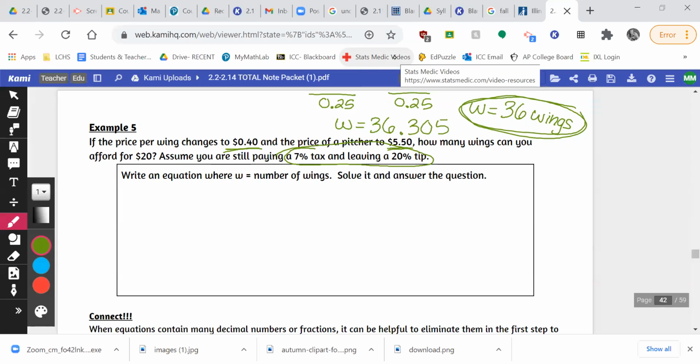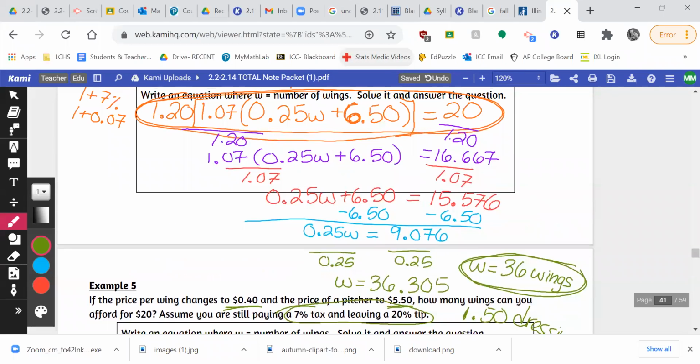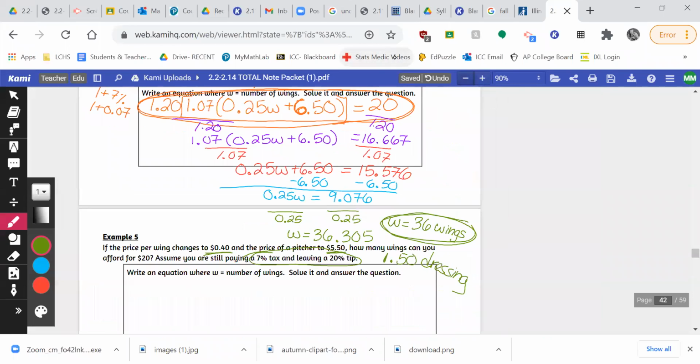And we're going to assume that we still are going to buy the $1.50 dressing. So if we look at our previous problem, we've got that right there. So I am going to change the inside first.